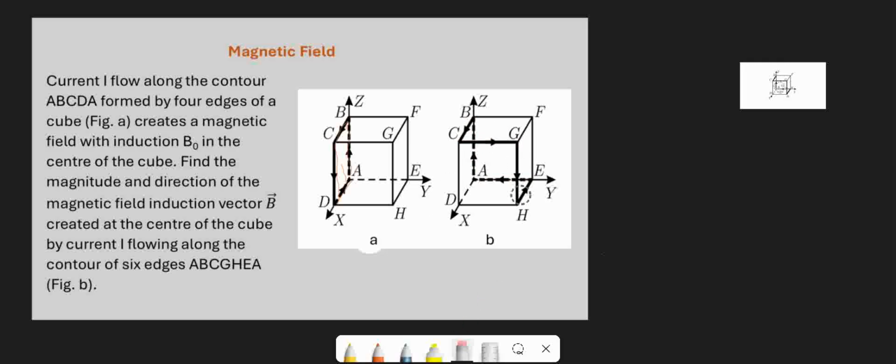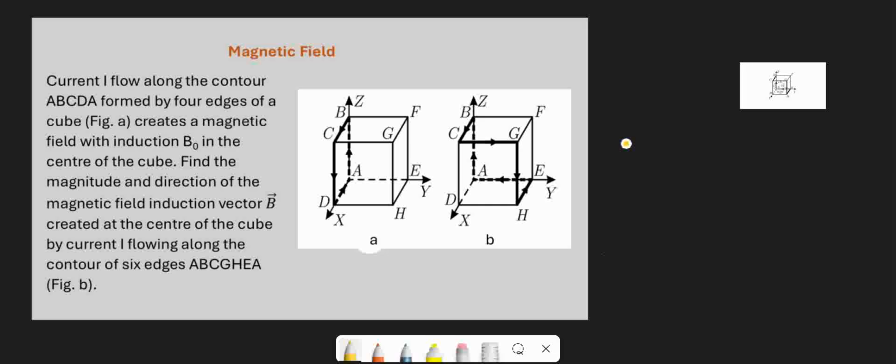So perhaps we are not going to use the Biot-Savart law in this case. The concepts needed to solve this problem are simply that you have to consider the symmetry of the problem itself and a bit of the right-handed screw rule.